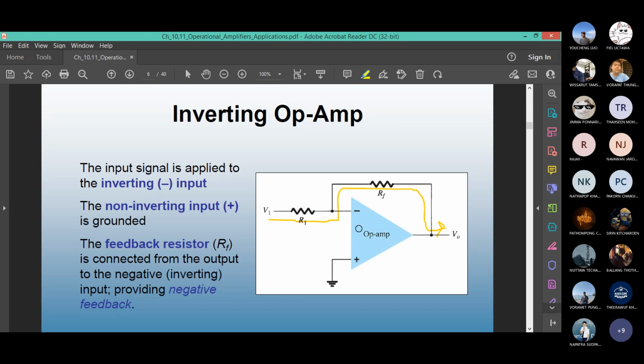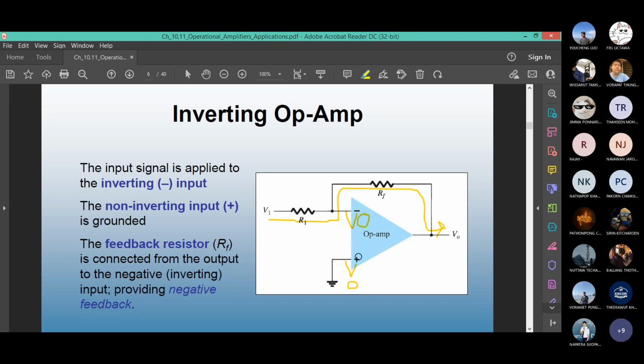The second assumption is V plus equals V minus always. The voltage at the plus pin and the voltage at the minus pin are the same. So what is V plus here? Grounded. Grounded is 0. So we also set V minus equals 0.